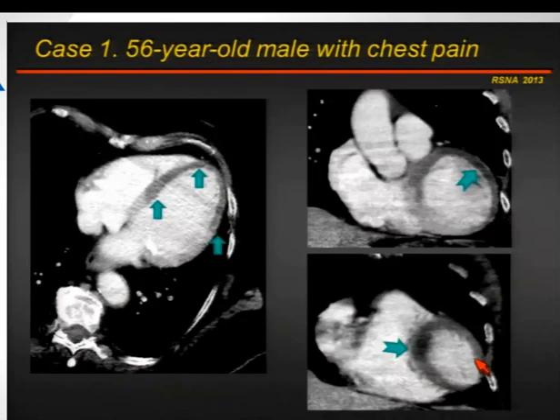As part of his assessment, CT angiography of the chest was undertaken since the suspicion was for aortic dissection. But what we do see here is a large perfusion defect of his left ventricle that involves the septum, the anterior wall, and also the apex.